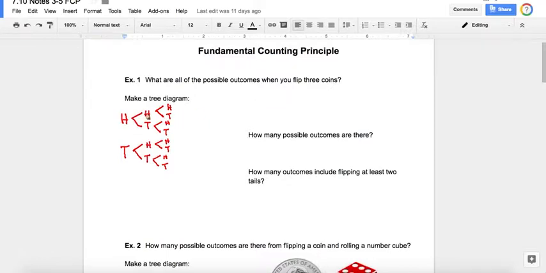So we have heads, heads, heads. We have heads, heads, tails. We have heads, tails, heads. And last, we have heads, tails, tails.